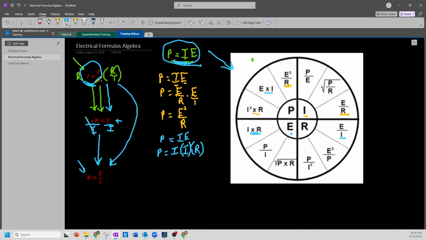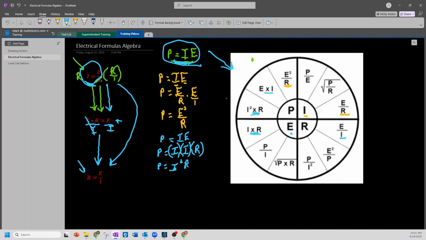If you prefer parentheses instead of dots, well, we can simplify this. I times I is I squared, and we have R. And this should sound familiar because it's your I squared R losses. Hopefully you've heard of those losses. Hopefully they talked about that in school.